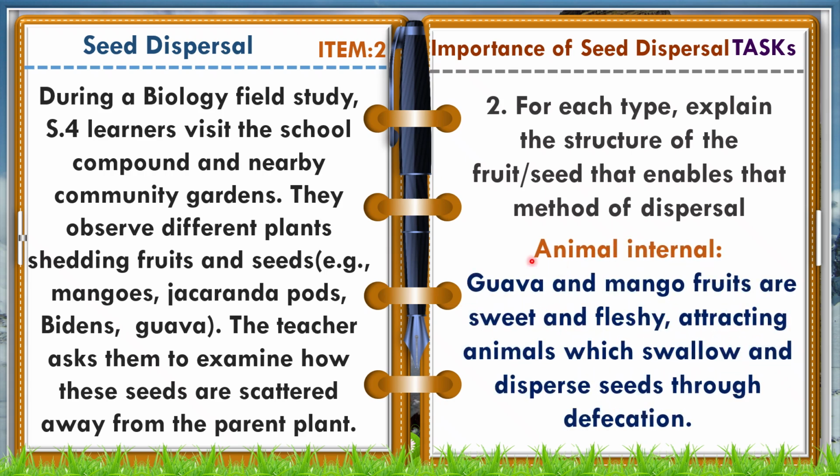Then we have animal dispersal, internal. We have, for example, the guavas and the mango fruits. These are sweet and fleshy. They attract animals which swallow and disperse the seeds through defecation.